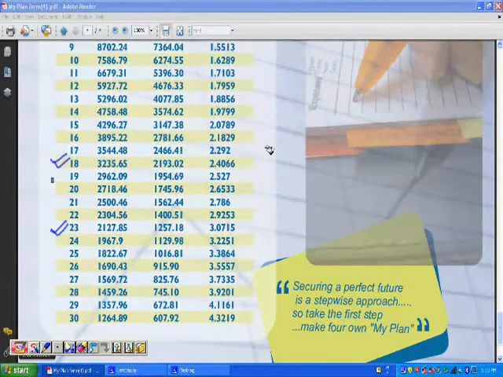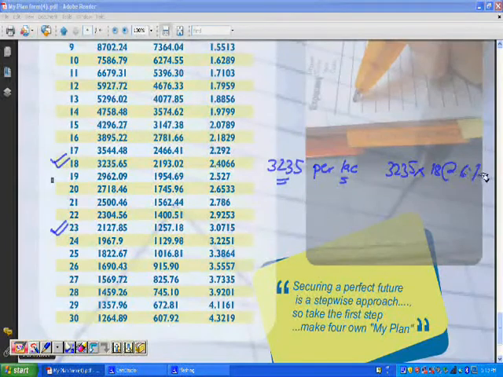So what this means is that if you save 3235 per lakh, right, is what you will get to achieve this figure. 3235 in 18 years at 6% would give you 1 lakh.